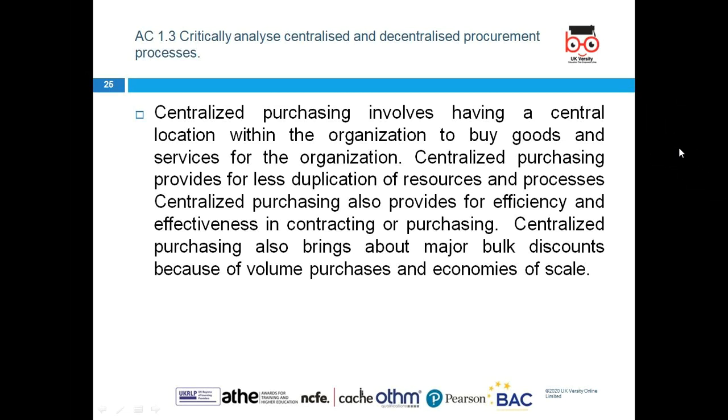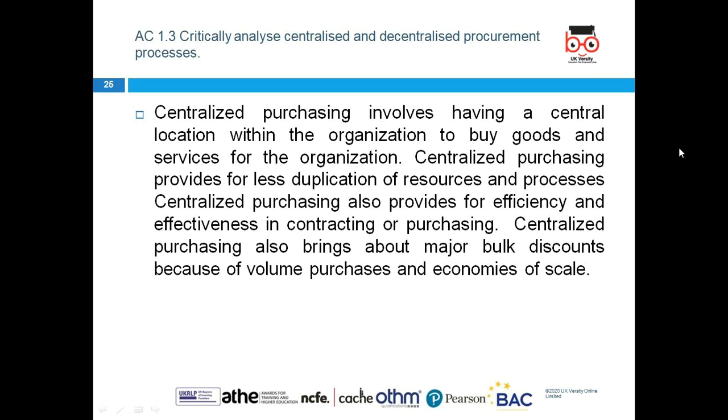Centralized purchasing involves having a central location. Is there any benefit? Everything is central, everything could be controlled by just one head, one point of control. Yes, it can be quicker decision making. Centralized purchasing involves having a central location to buy the goods and services.